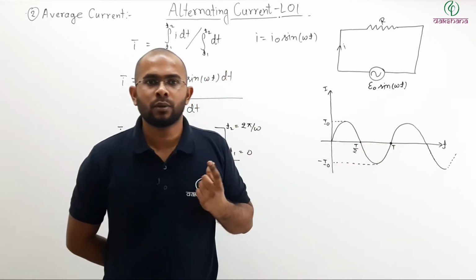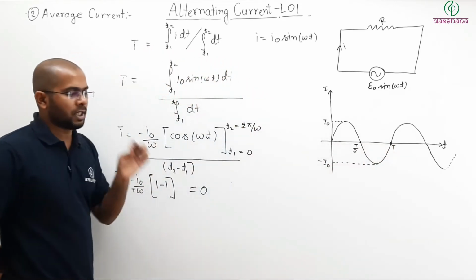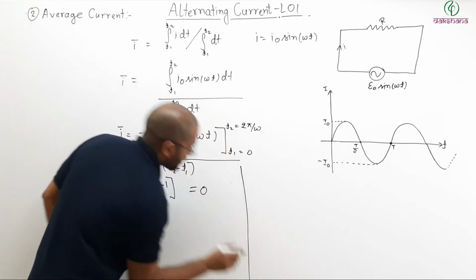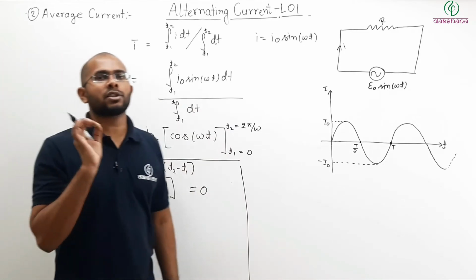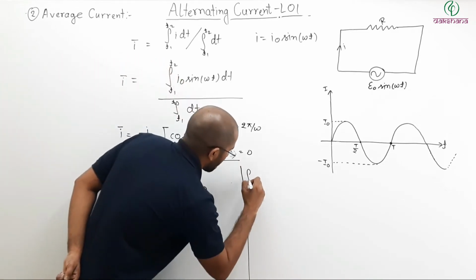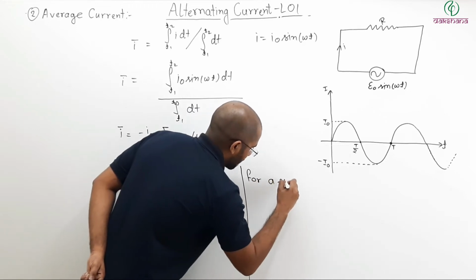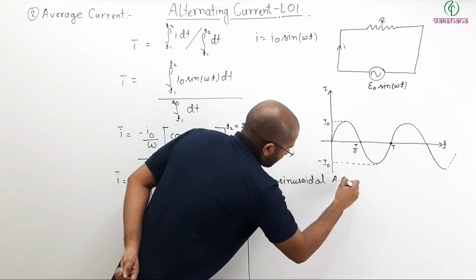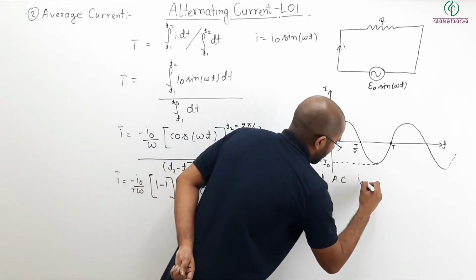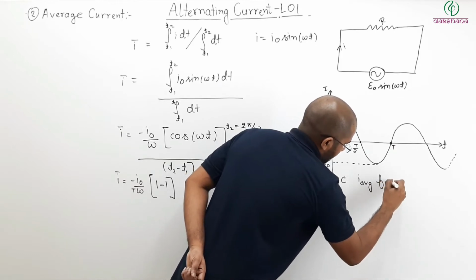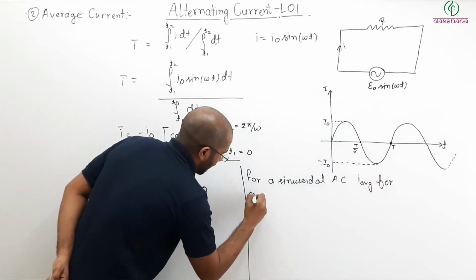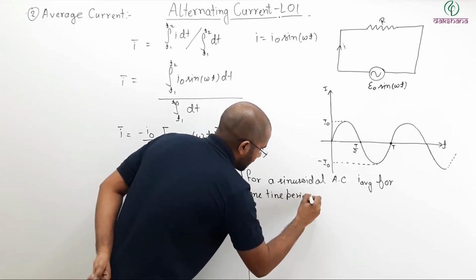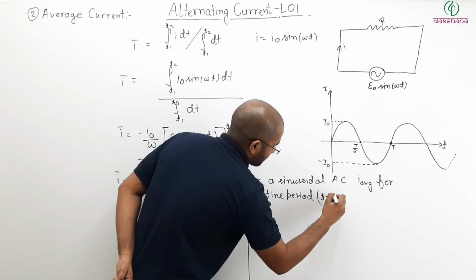So as a conclusion, for a sinusoidal AC, let us write that I average for one time period, what is one time period?